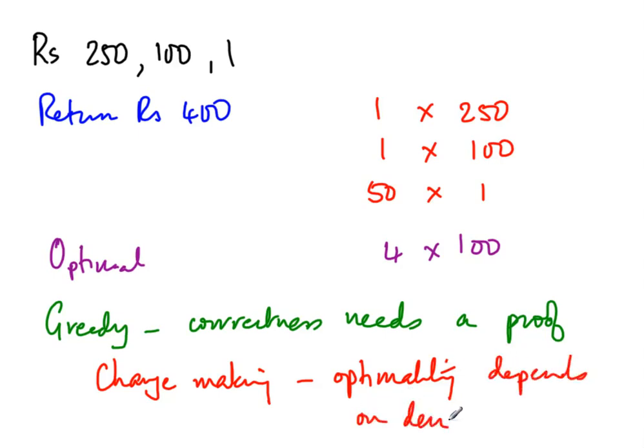So it works for some denominations, like the one that we used before. For this denomination combination, it does not work. Now, we are not going to prove it here. We will prove it for different algorithms, how you show that a given strategy is optimal or not optimal. But all we need to observe here is that greedy on its own needs a proof in order to be justified.